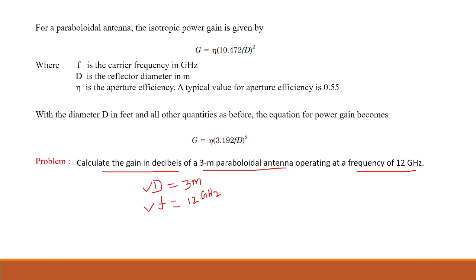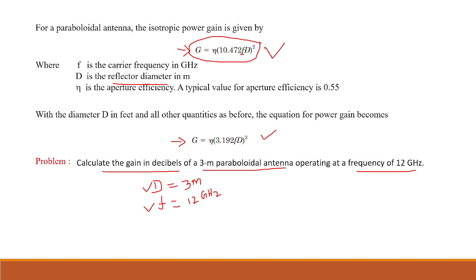To find the gain of the antenna, we should consider either this equation or this equation. What is the difference between these two equations? They differ in terms of the reflector diameter. If it is given in meters, we consider this one. If it is given in feet, we consider the other. Looking at the question, it is given in meters, so we consider this expression.